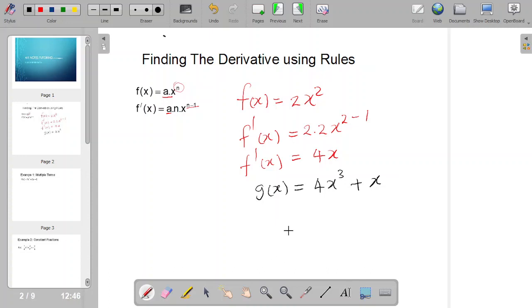So what is happening in this case? Well, to get g prime of x, we must multiply these two numbers. So 3 multiplied by 4 will give us 12x, and then you say 3 minus 1, which will be 2.